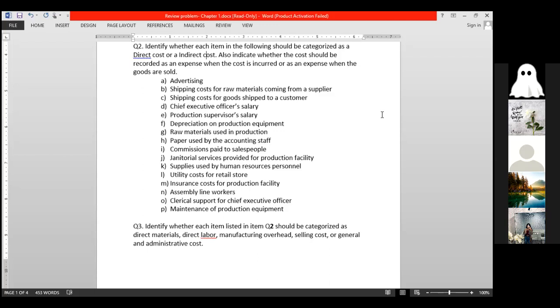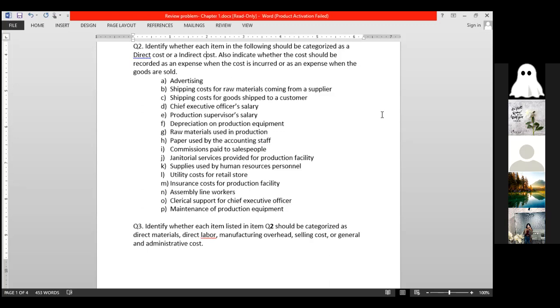So this is an indirect cost. Then production supervisor's salary. Direct. Yeah, production supervisor salary would be direct because he is a person involved in production, the person that you are involving in for producing the product. So it becomes a direct expense.